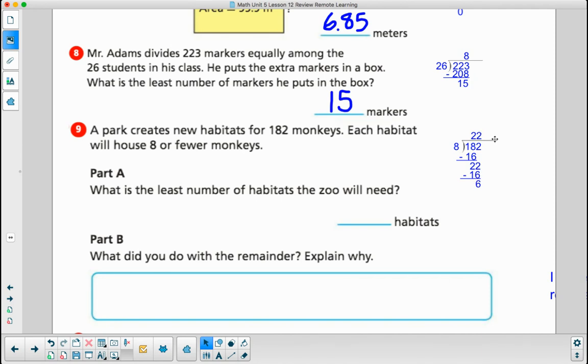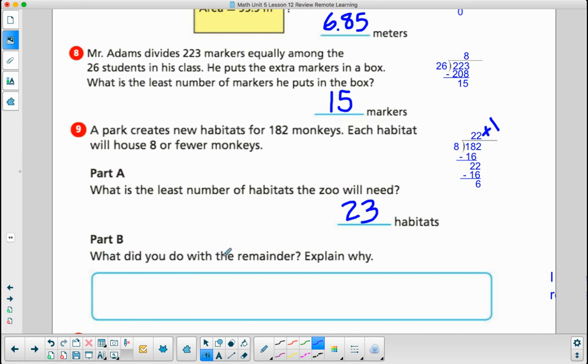But I realized, wait a minute, what is this 6? The 6 are 6 monkeys that still need one more habitat. So because of this remainder of 6, it tells me to add 1 to my quotient. So they would need at least 23 habitats if they don't want more than 8 monkeys in a habitat.